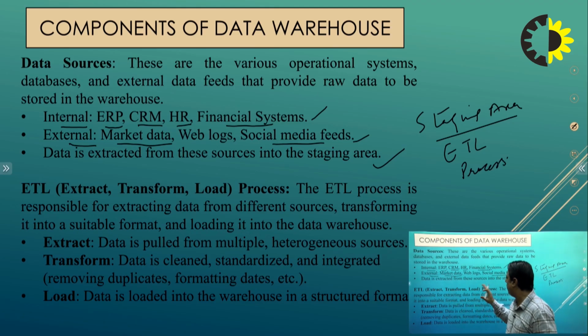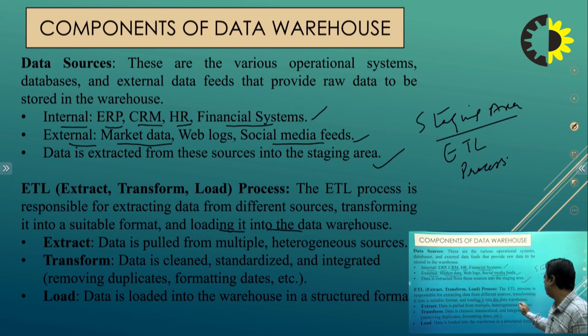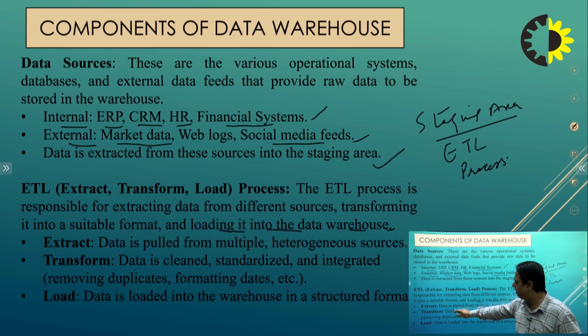Extract, transform and load process. The ETL process is responsible for extracting the data from different heterogeneous sources, transforming it into suitable formats, maintaining consistency, reducing redundancy, and loading it into the data warehouse. Extract: data is pulled from multiple heterogeneous sources.